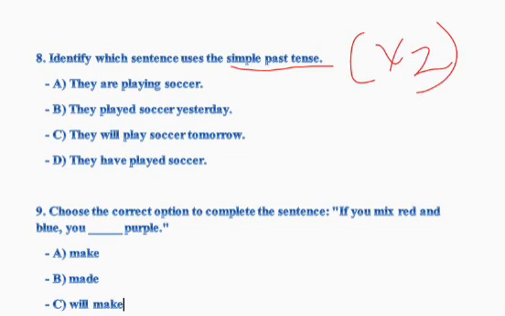A, they are playing, this is present continuous form. B, they played soccer yesterday, this is V2, this is right. C, they will play, V1 with will, so this is simple future.